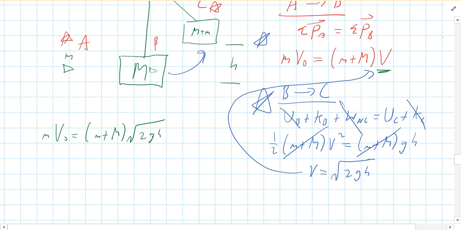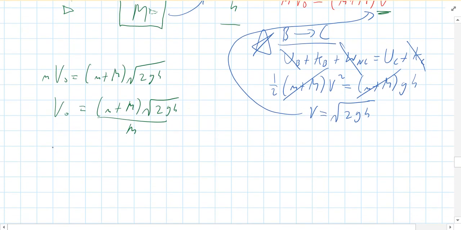In that equation, I've got everything save for what I'm trying to solve for, which is v naught. Now I'll go ahead and write this out. So v naught equals little m plus big M, root 2gh, over little m. Now at this point, if you had numbers, which we do, we'd plug them in. So just for fun, we'll go ahead and do that. We have little m, which is 10 grams, which is 0.01 kilograms, plus the block, which is 1 kilogram.